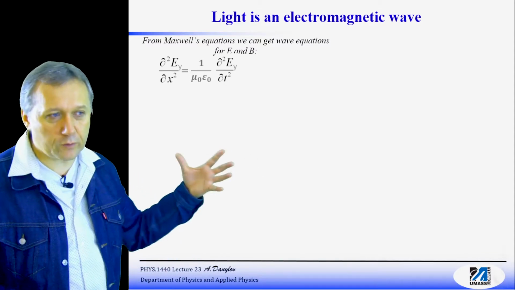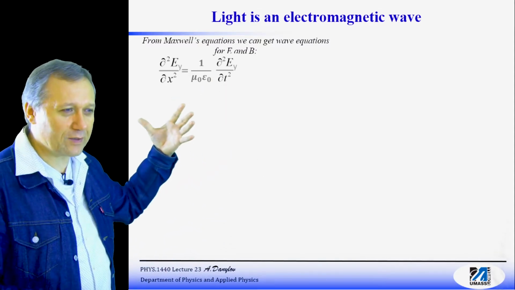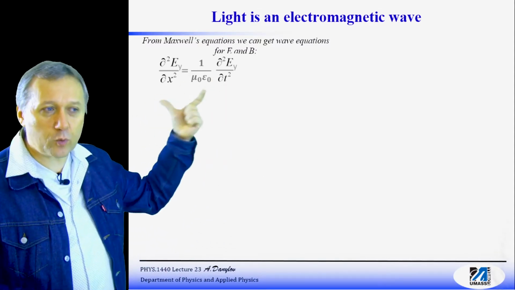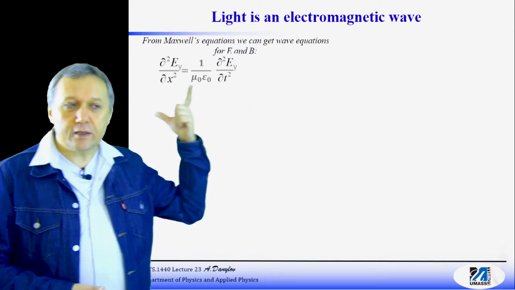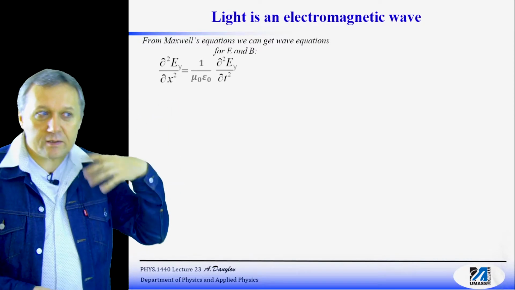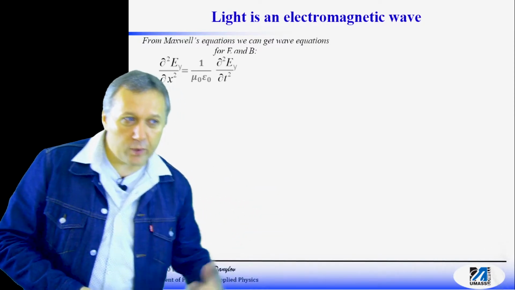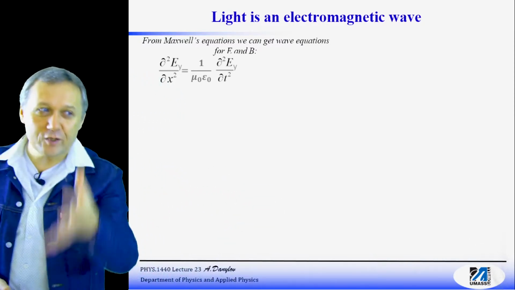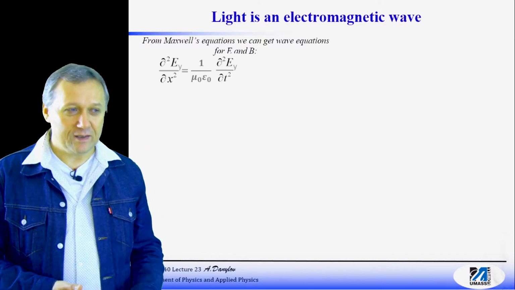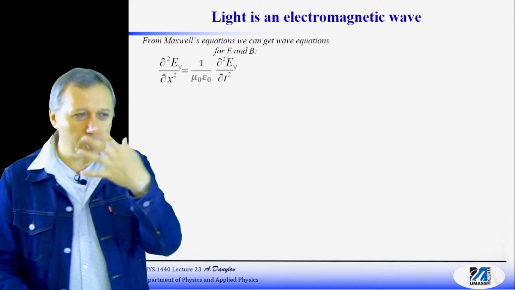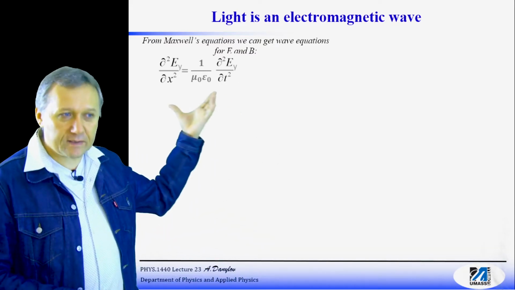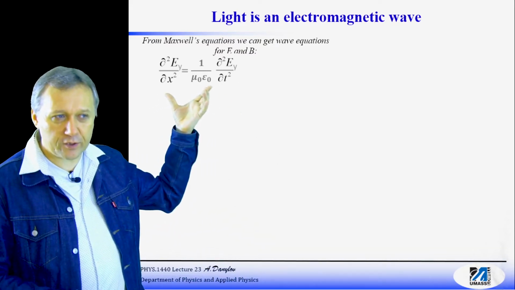Most of you are not familiar, but we don't have to solve them here. He knew that the solution of this equation is a traveling wave equation, the one we discussed yesterday in the second half of the class, where we practiced finding all those quantities. That is the solution of this second order differential equation.